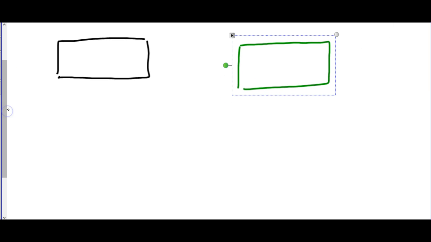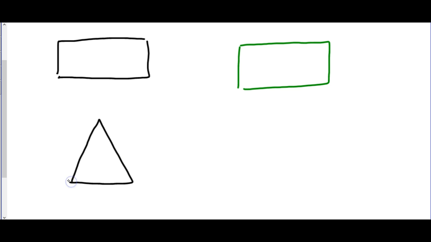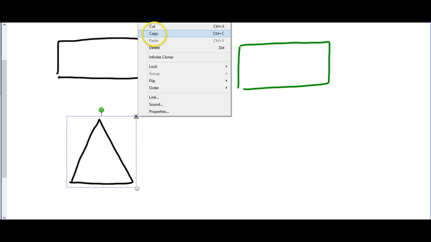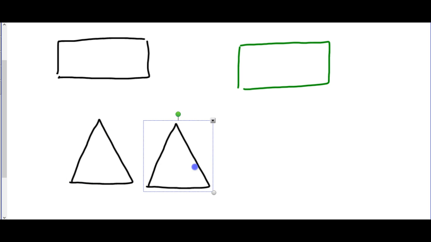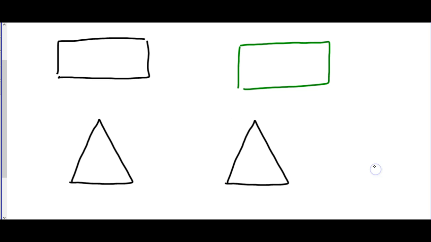So with triangles, we spend a lot of time trying to prove if these two triangles are congruent. So let's say we have a triangle here. This time I'm just going to copy it so that we have the exact same triangle.